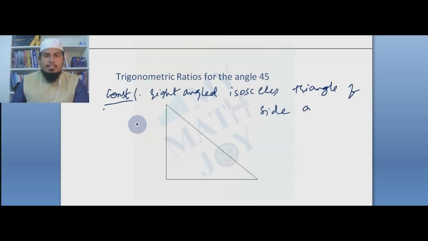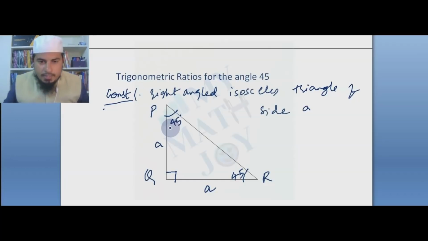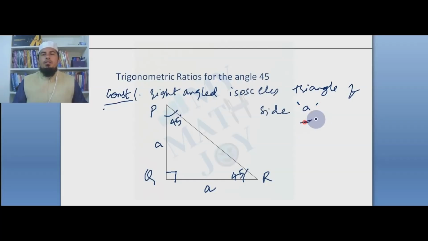Let us name this triangle PQR, where a right angle isosceles triangle compulsorily will have 45 degrees as the two base angles and 90 degrees. The two base sides are equal, and we consider let it be a centimeter. Side a.